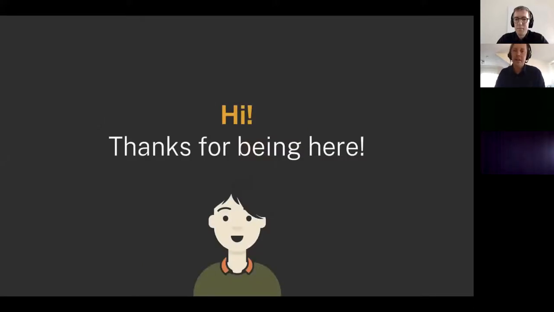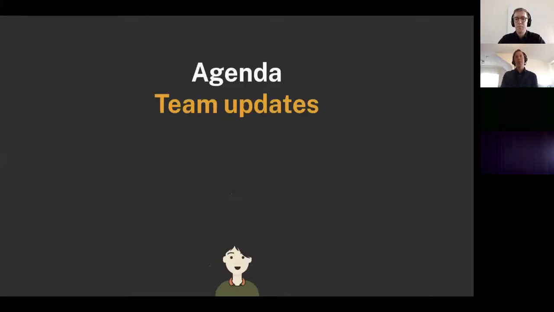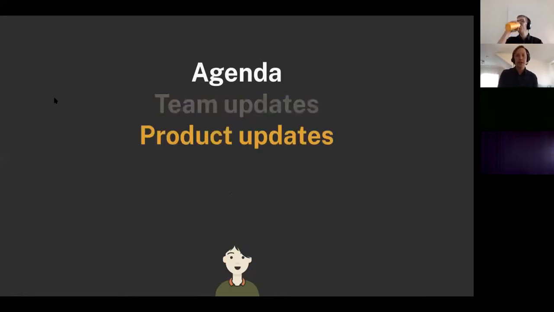Hey there, my name is Dan Williams, and I'm the project lead for the US Web Design System. I'm based out in Portland, Oregon, but I'm excited that I have the opportunity to talk to people all across the country. What we've got coming up today is pretty good. I think we've got some team updates coming up, a few product updates as well.